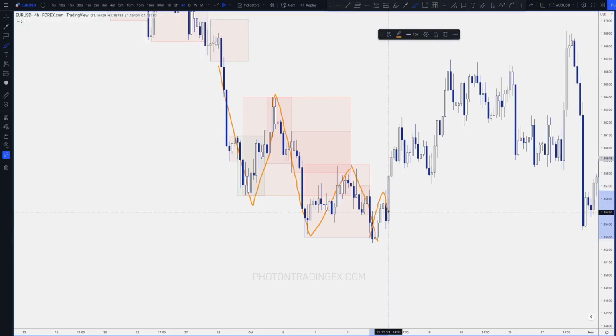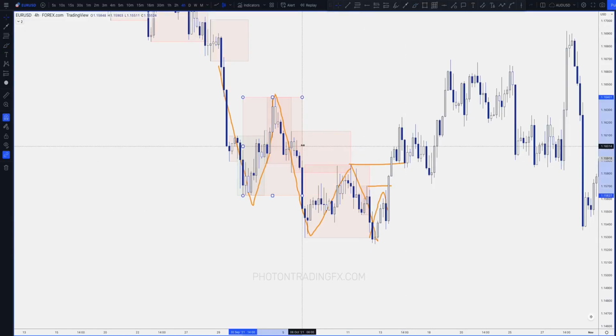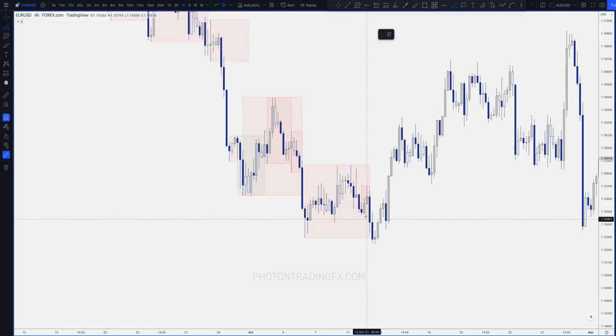Now we can say, okay, that supply range. And now we get rid of these orange lines. You'll see we now have that order flow. So this would be, you change the character, right? So that's your pullback. But then this here would be, right?